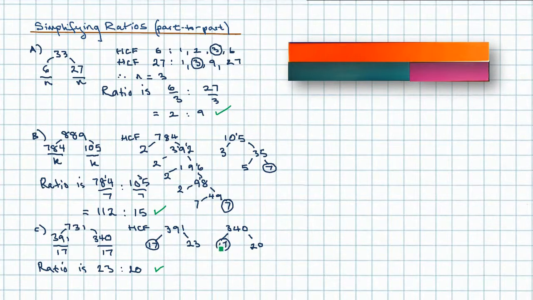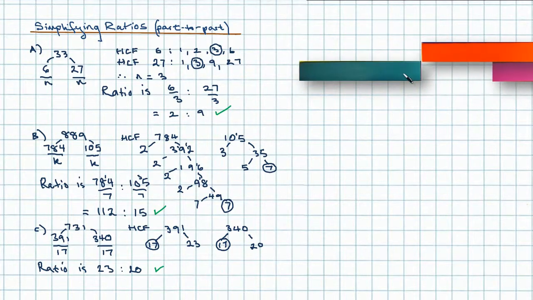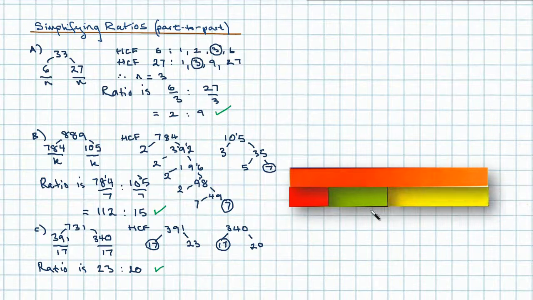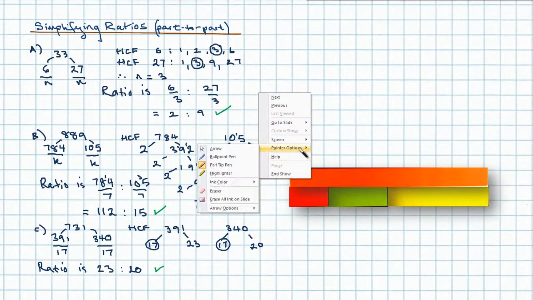Okay, so finally, let's just remove these and replace with a three-part idea. So we've now got a part to part to part. And if I think of some numbers that are going to work nicely here, let's use degrees.